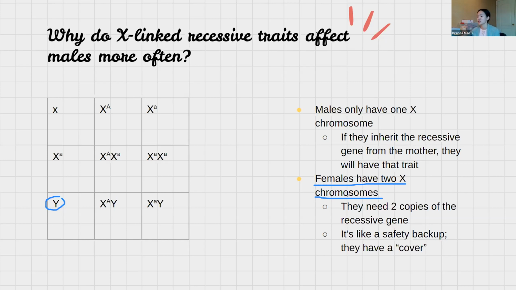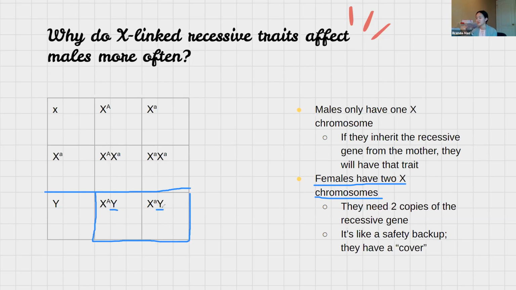And that's why it's kind of like a safety, a backup, I guess. It's like a cover. So I have a Punnett square over here, which hopefully illustrates a lot of the different possibilities. Let's take a look at the possible sons of this cross first. Obviously these are the ones with the Y chromosome.